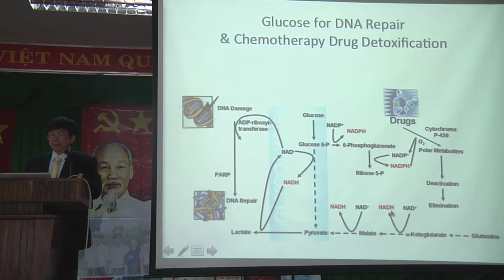And the NADH is needed for the glycolytic pathway, and the NADH is also regenerated when pyruvate is converted to lactate. And the NAD is very important, needed for the ADP ribosyl transfer to the DNA when the DNA is damaged, by this enzyme called PARP.